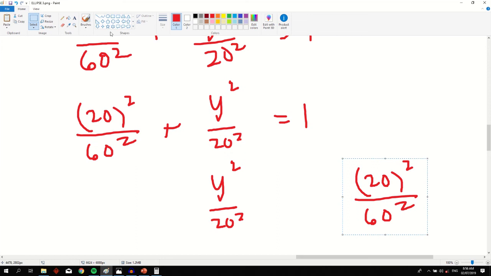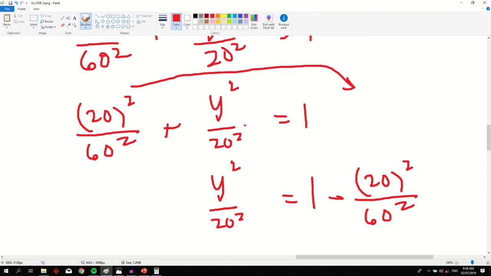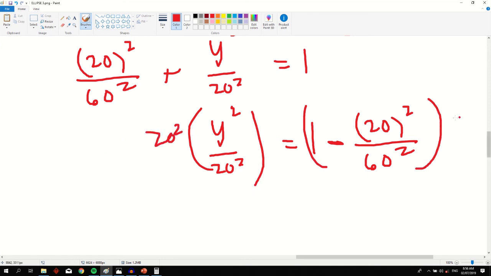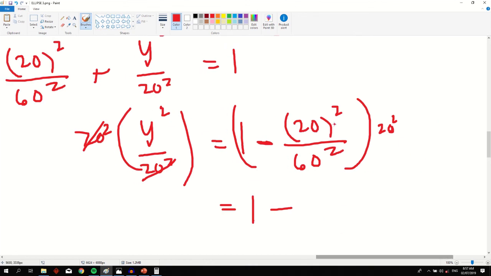So it will be equals 1 minus this one. Okay, so that's it. Then we multiply by 20 square, so we can cancel this one. Is equals to 1 minus, okay, so y square.